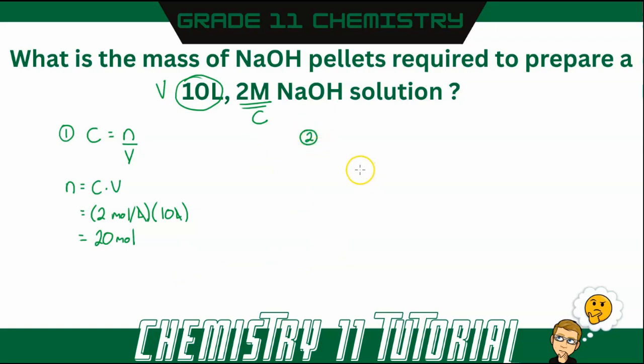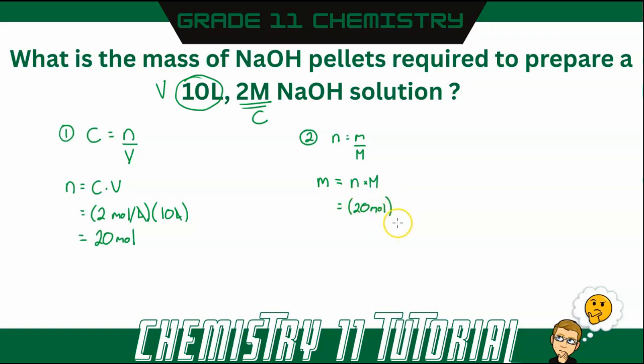Step 2, we're going to use our molar mass equation, where moles equals mass divided by molar mass. But we're going to rearrange that to determine the mass of the sodium hydroxide we require. So that'll be moles times molar mass. Now our moles is 20 moles.